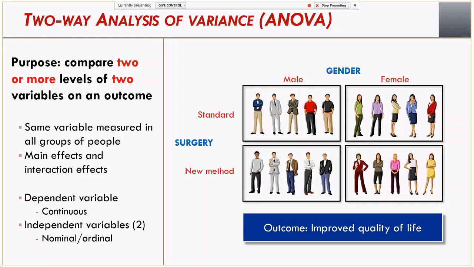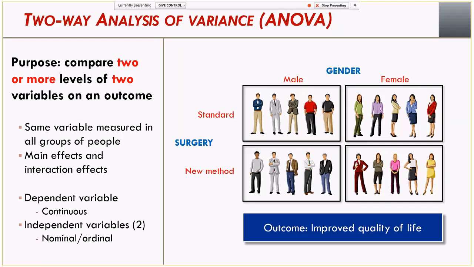However, what the two-way analysis of variance will do is tell you what the effect of gender is, it will tell you what the effect of surgery is, but it also includes one extra one. It tells you what the interaction of the two variables does.